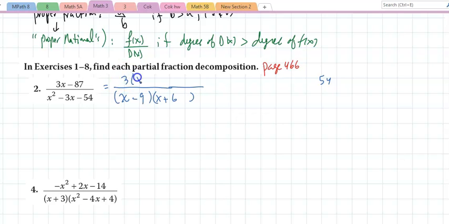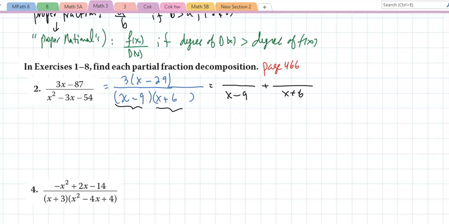The deal is, we're trying to figure out where this came from. You need to list the possible combinations you could have gotten that denominator. In this case, it's straightforward: x minus 9, x plus 6.